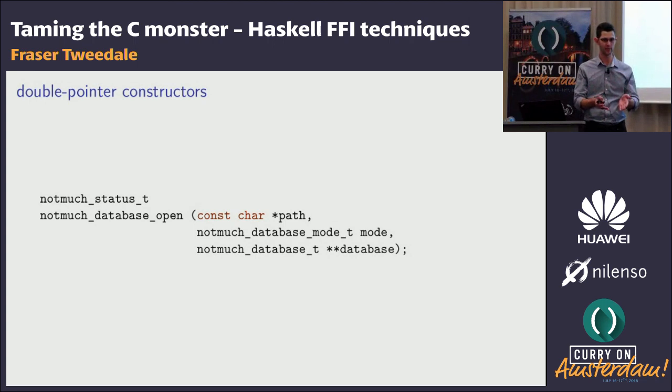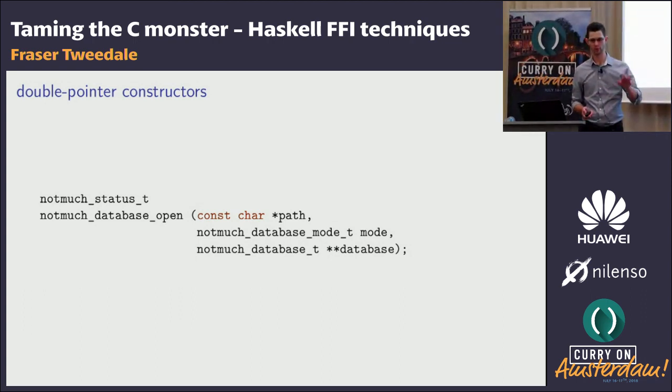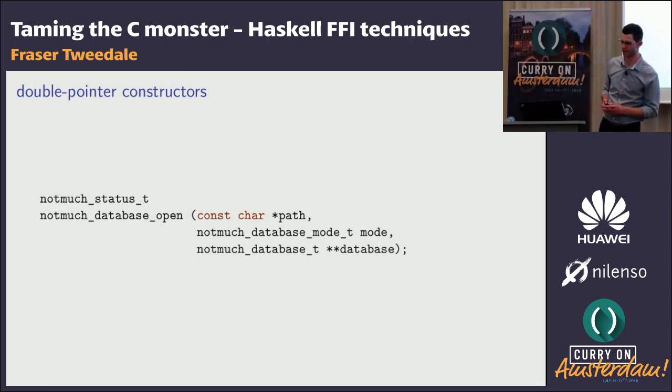So I've allocated some memory to hold a pointer, and the constructor, if there are no issues and it can actually construct the object, will allocate some memory, construct the object, and then write into that region of memory that I've allocated the pointer to that memory. And in doing so, passes ownership of that structure to the calling code. So the notmuch_database_open routine takes a path to the notmuch database, takes a mode, and this double pointer to actually hold the database handle.